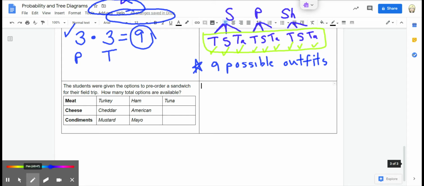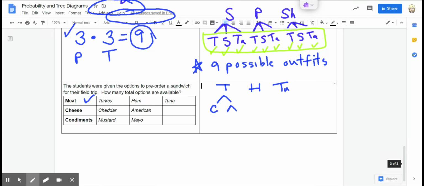So let's go ahead. We're going to start with meat. So let's go ahead and look at the meat. And we have turkey, ham, and tuna. I'll do a little U there. You can do a lowercase t if you want. We have cheddar or American. So I do a little tree off of each with cheddar and American.